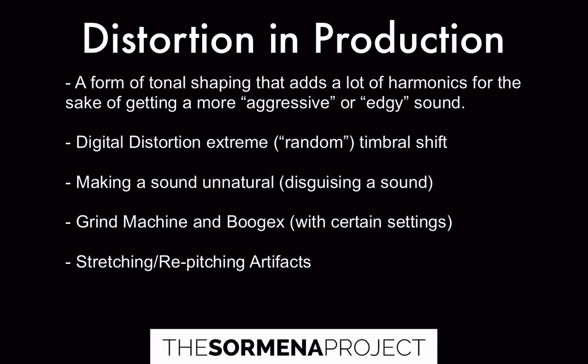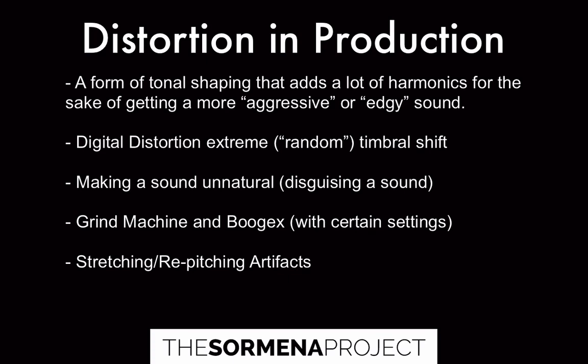Another form of distortion in production would be making a sound just completely unnatural, so disguising whatever the original source was. I knew somebody, I don't know if they still do this, but they used to take a sample from a Justin Bieber song for every production they were doing, and they would hide it in their own mix in some way, sometimes by stretching or repitching it in an extreme way, sometimes by bit crushing it, by adding other forms of distortion, by flanging and phasing, all sorts of crazy things.